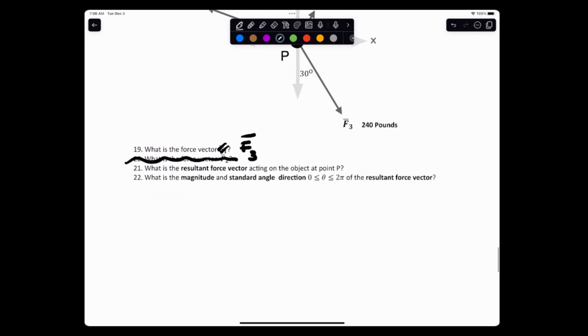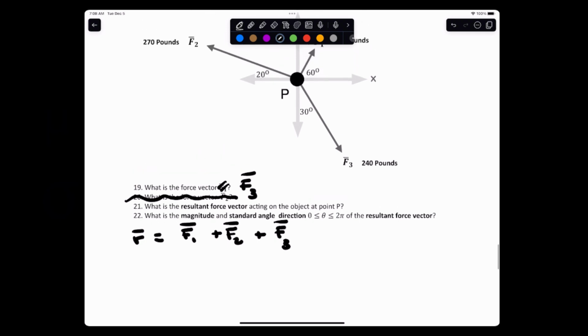And what's your resultant vector going to be now? F1 plus F2 plus F what? 3. So we need the F3 vector. This is the third vector. And maybe I'll just color it here so you guys can see it. Color it green.